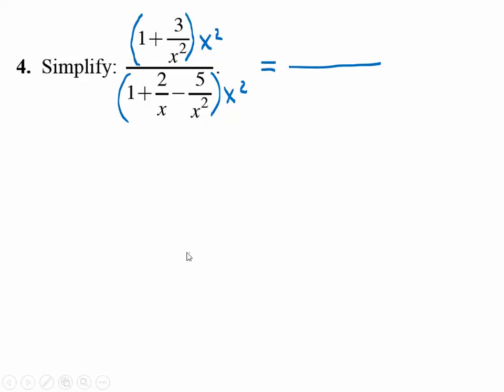Alright, so let me try this as well. Multiplying through, x squared times 1 is x squared. Multiplying to the second term in the binomial, the x squareds cancel completely, so just left with plus 3.